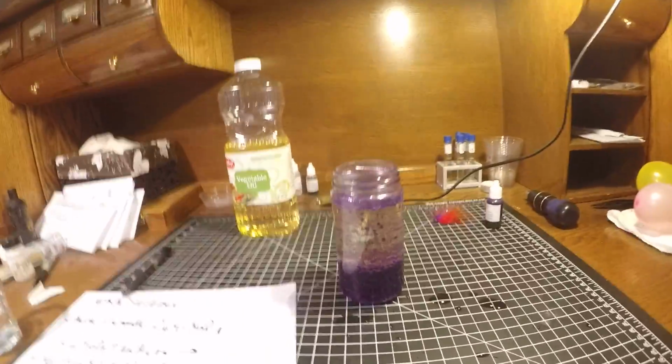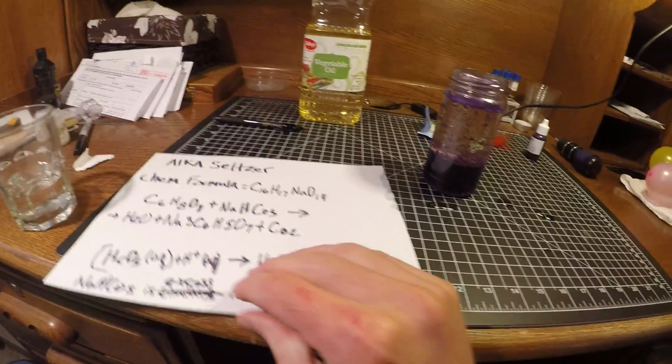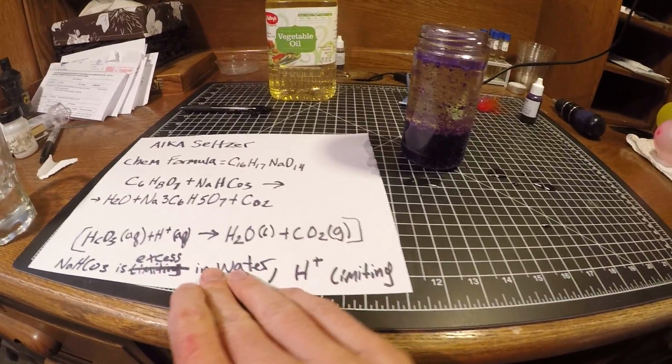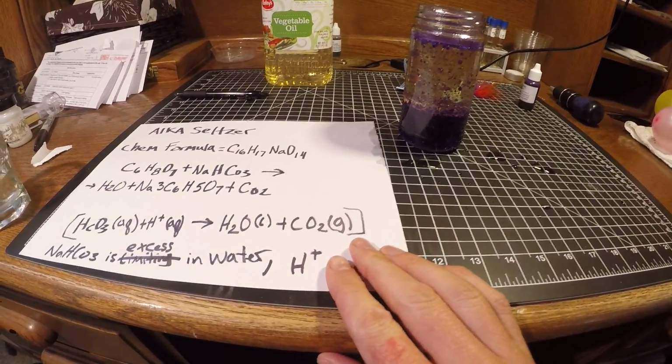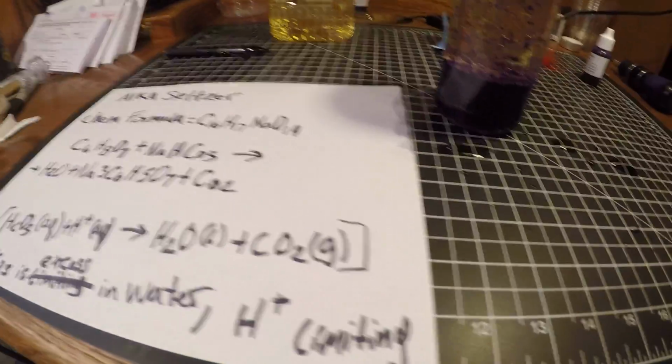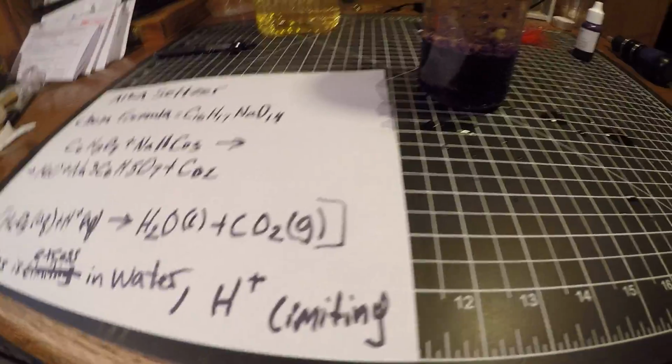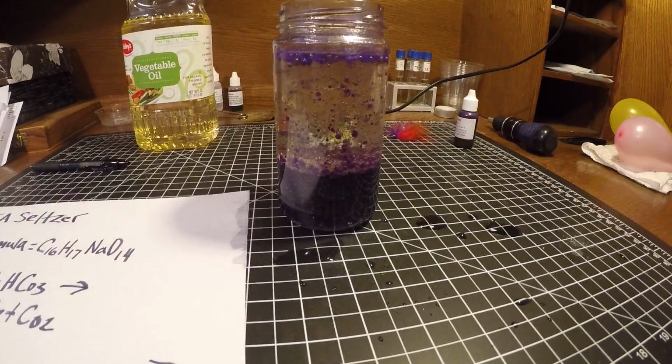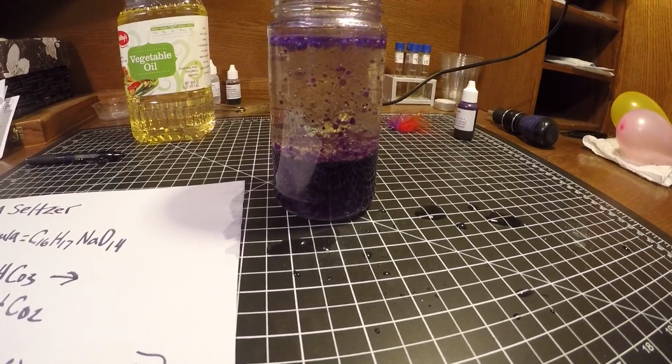The other thing that I read about, and I'll attach a link to the experiment, was conducted by the University of Michigan, which put out a small PDF on an Alka Seltzer experiment like this.